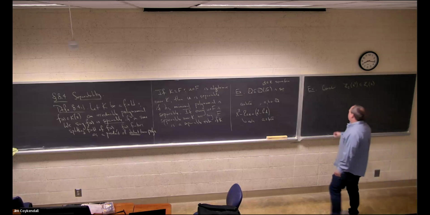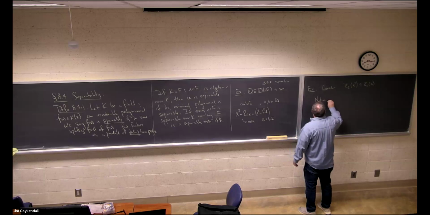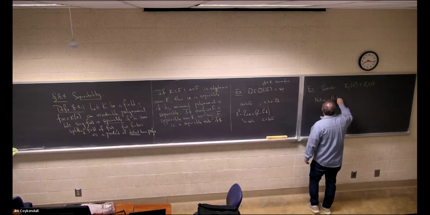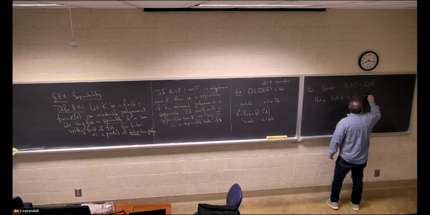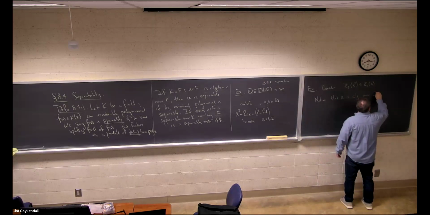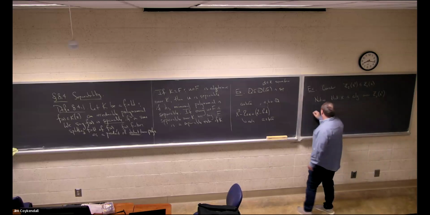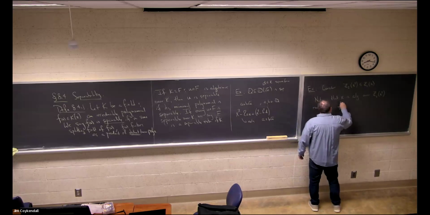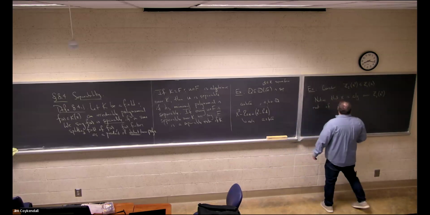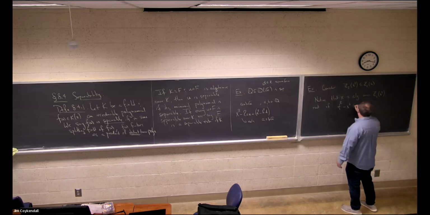Notice that x is algebraic over Z2(x squared), and it is a root of t squared minus x squared.